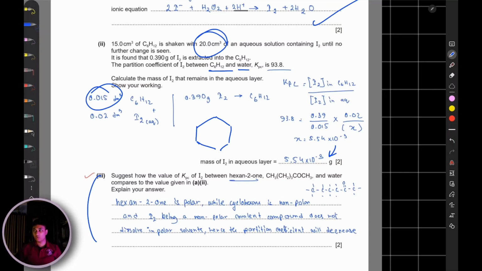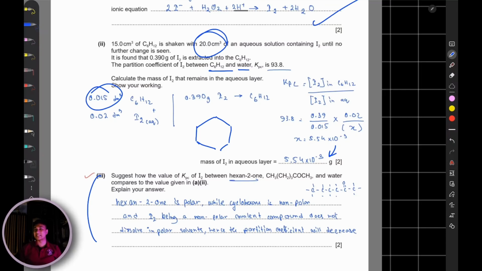Great. Now, when you bring in a substance like hexan-2-one, what this has is an oxygen atom, right? Now, over here, it only has C and H. It's a hydrocarbon. Now, with a ketone, you have oxygen present, which is a more electronegative atom, which is why this becomes slightly more polar. It is still relatively not that polar.